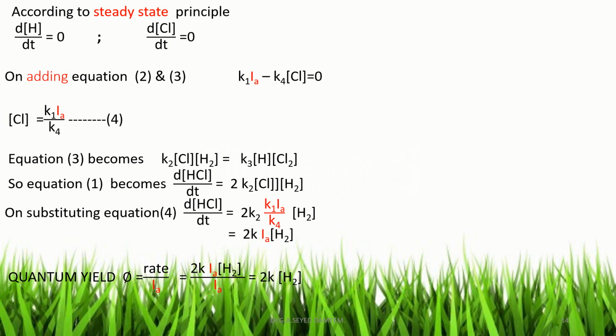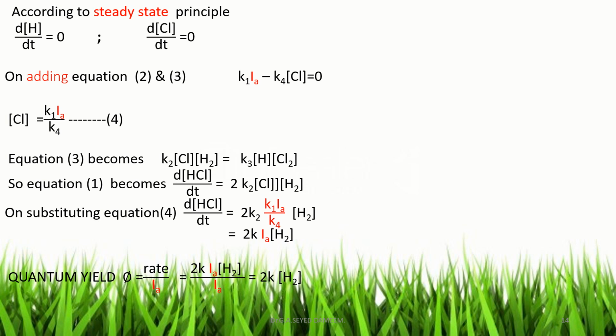This concentration of Cl is obtained from K1Ia minus K4[Cl] equal to 0. Now equation 3 becomes K2[Cl][H2] equal to K3[H][Cl2], by moving the negative term from the left hand side to the right hand side.